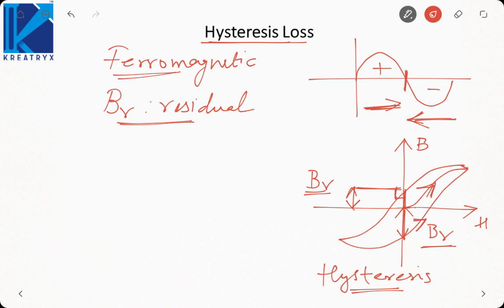It just denotes that while increasing the magnetic field and while decreasing the magnetic field, the path taken by the magnetic flux density is different.